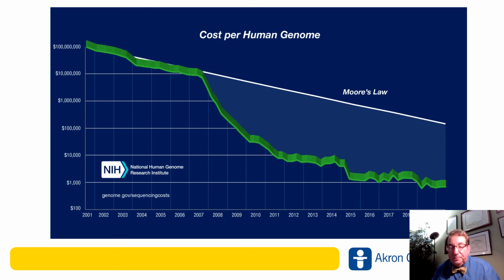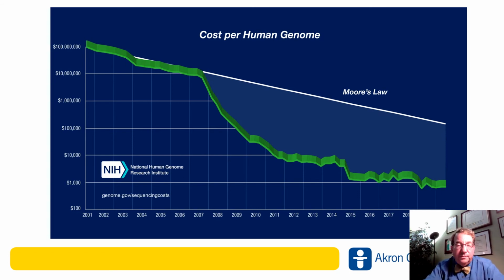I can tell you, when I started ordering gene testing frequently, and this was about 2007, I was paying about $2,000 per gene to get sequenced. Now we're talking about $1,000 for 20,000 genes. So the cost has dropped dramatically.